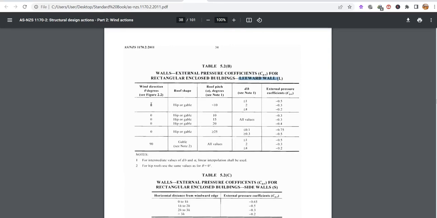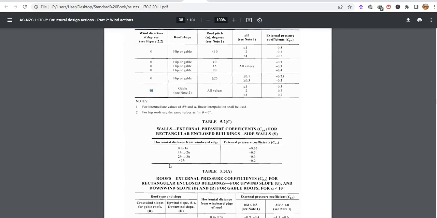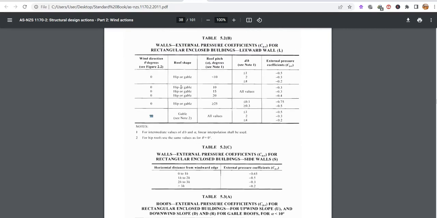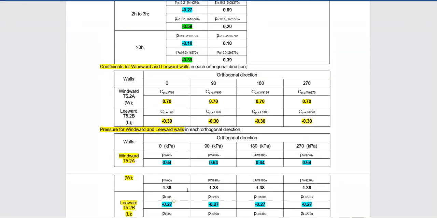For the wind direction 0, 90, for gable roof, my slope is 10 degrees. D over B, my ratio is less than 1, so my wind pressure is negative 0.5, which is the suction wall. So you can see in here, negative 0.5.